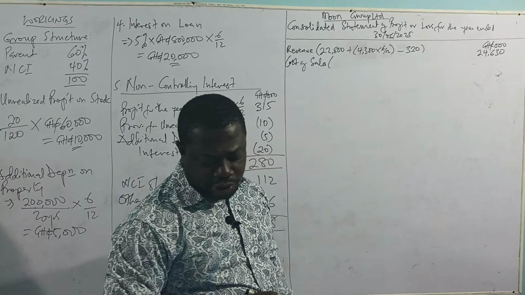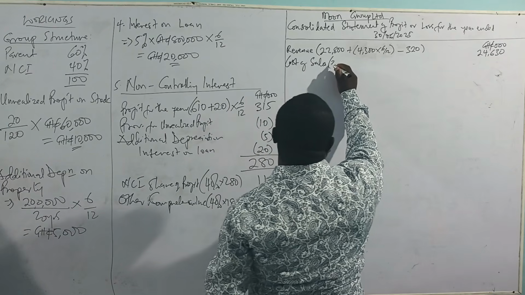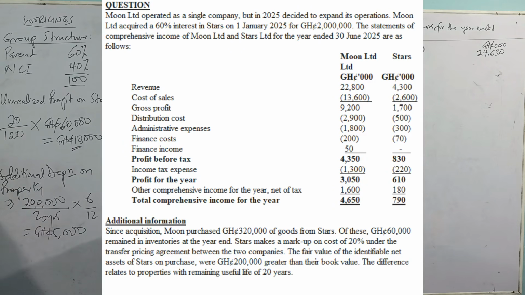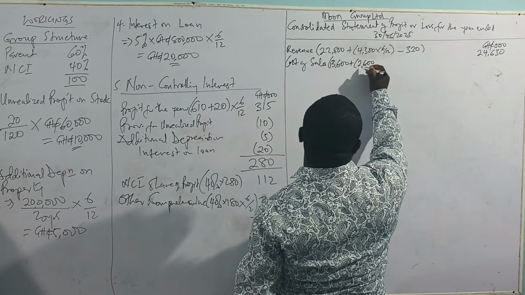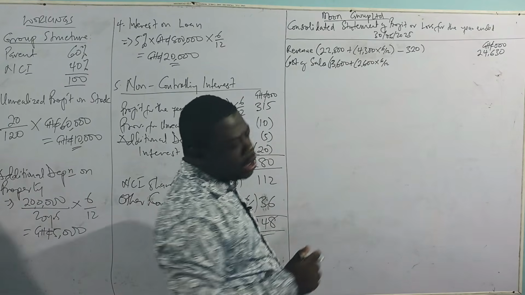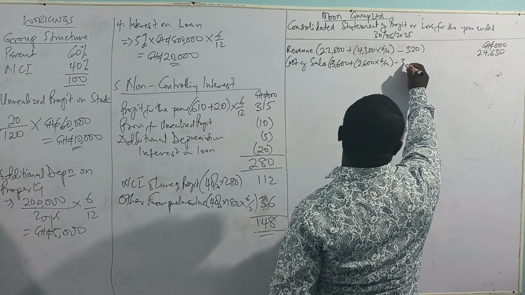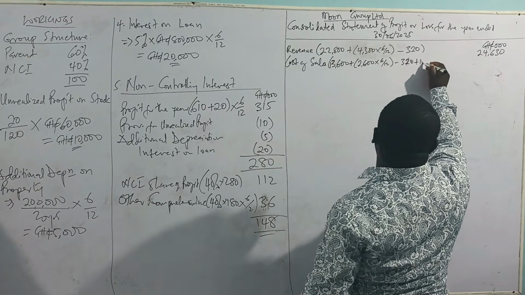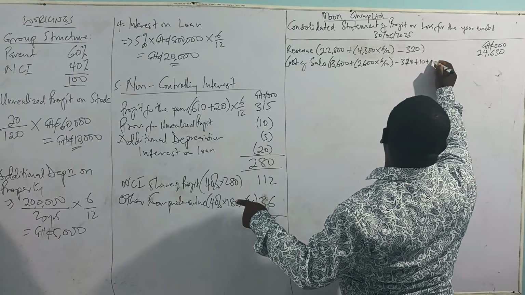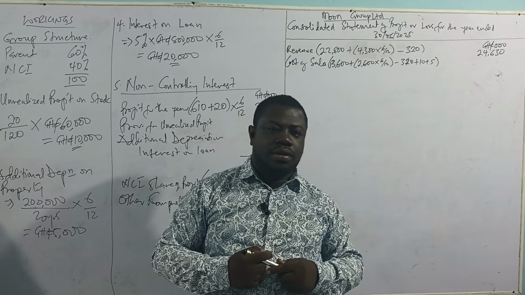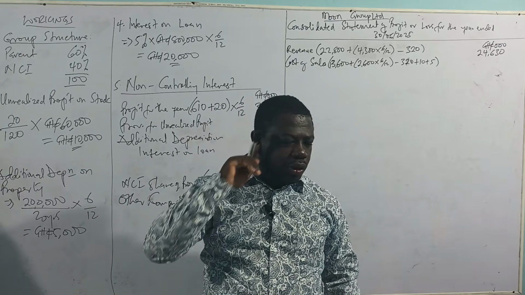The cost of sales for the parent was 13,600, and the subsidiary was 2,600, so plus 2,600 times 6/12. Then you close the bracket, minus 320 plus 10, which is the unrealized profit, plus 5, which is the additional depreciation. So that is how the cost of sales will look.